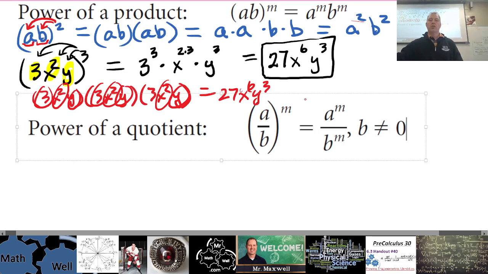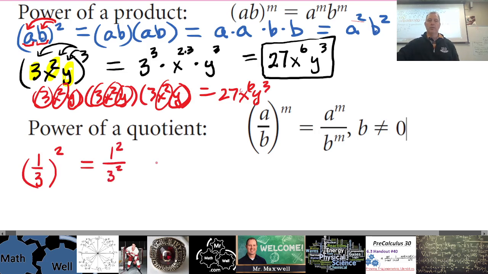So if you have a fraction, like 1 over 3 to the power of 2, you can rewrite that as 1 squared over 3 squared. 1 over 9.